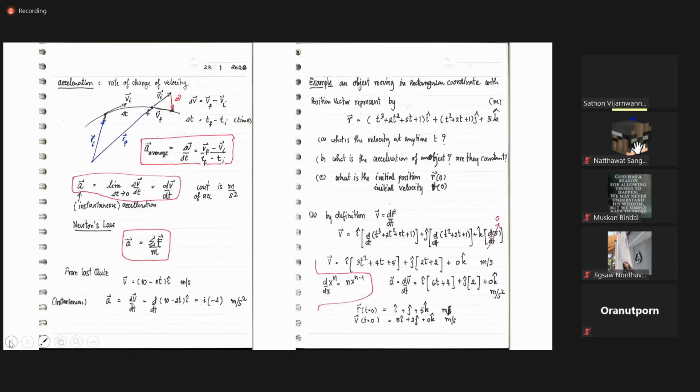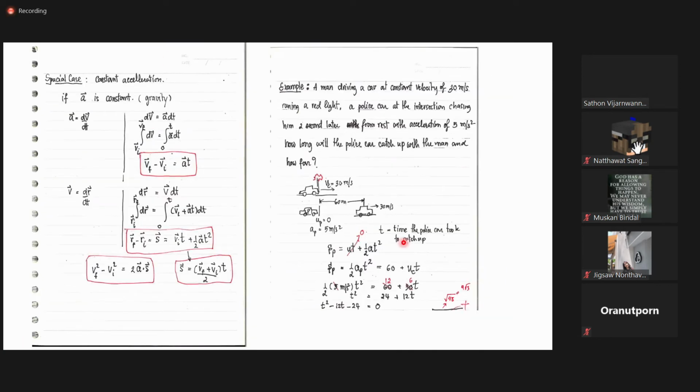K is slipping out from. Now let's talk about a special case, but it is the case that you find more frequently: constant acceleration.